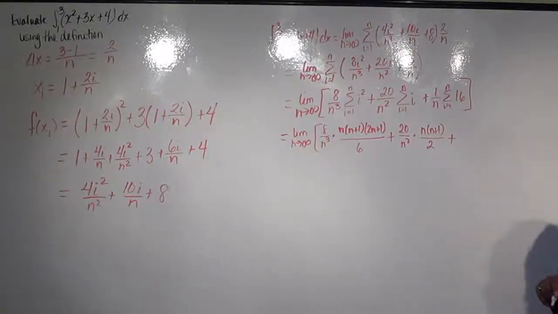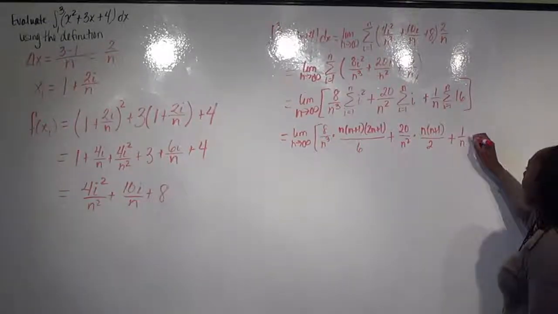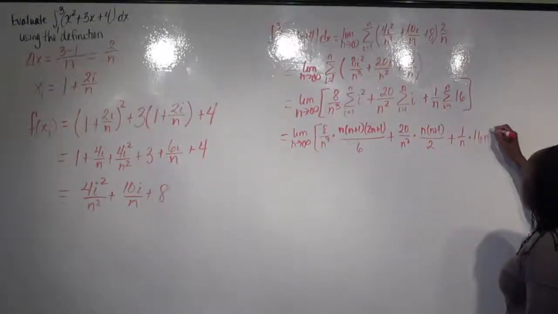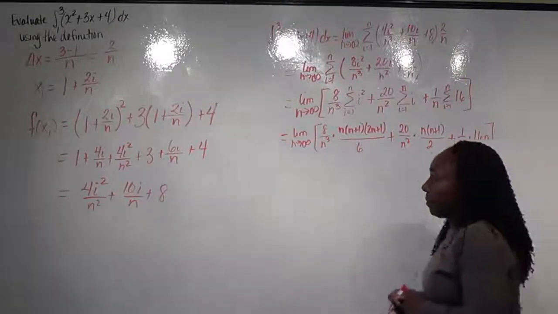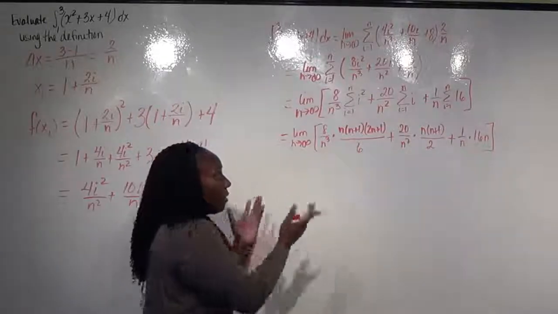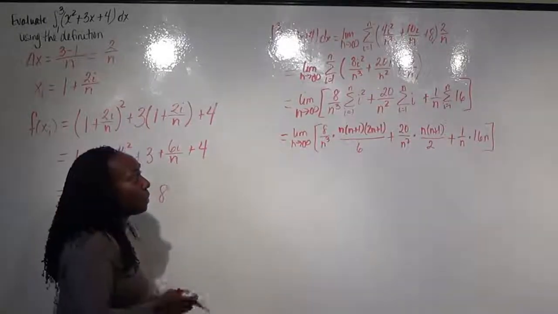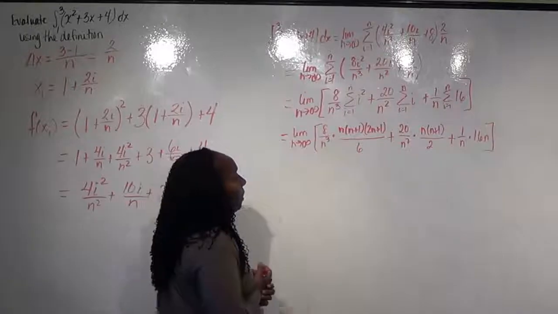And our 1 over n times our summation for 16. Just like the last one, we want to clean this up some so that we can take our limit.